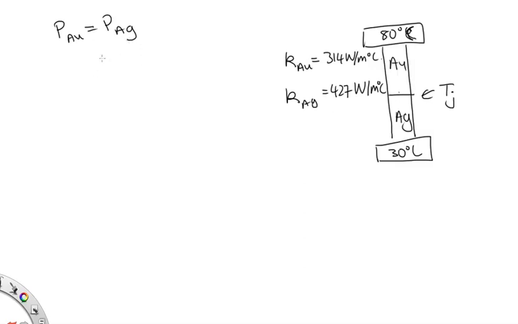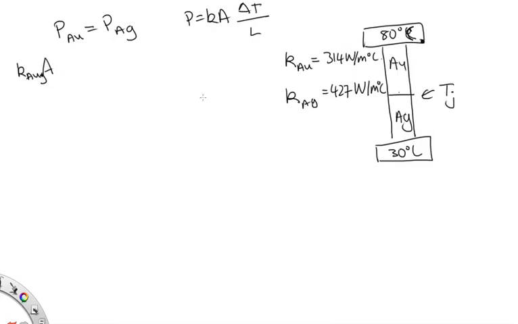Now all we need to do is substitute into our equations. So we've got P is equal to KA times the change in temperature over the length. We can say that these have the same length L. So for gold, we've got K for gold times the surface area of the gold times the change in temperature.